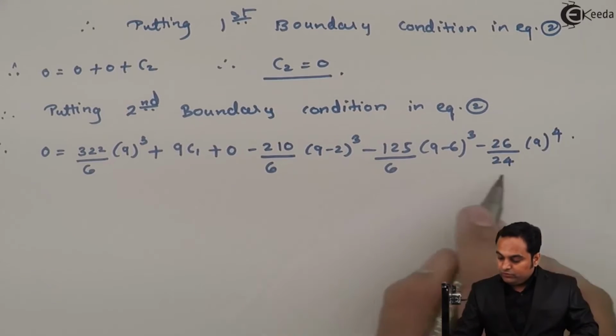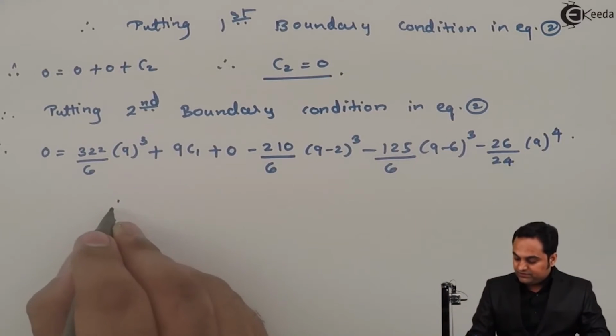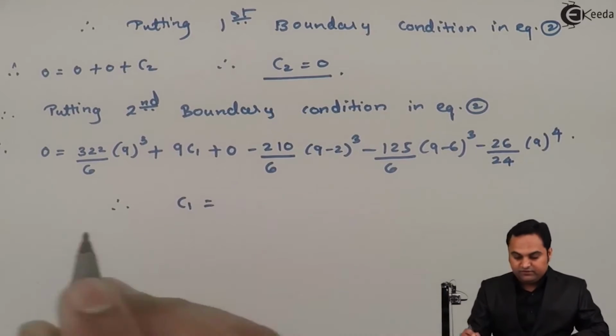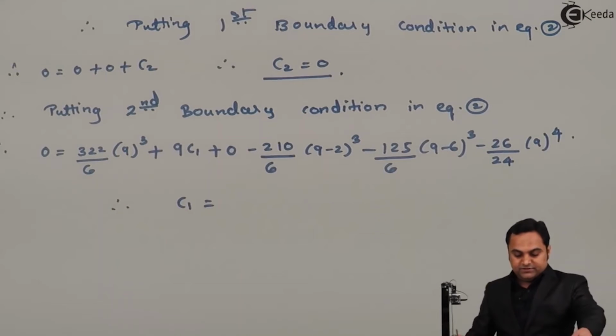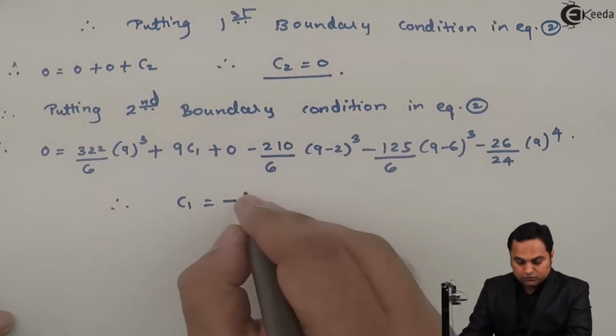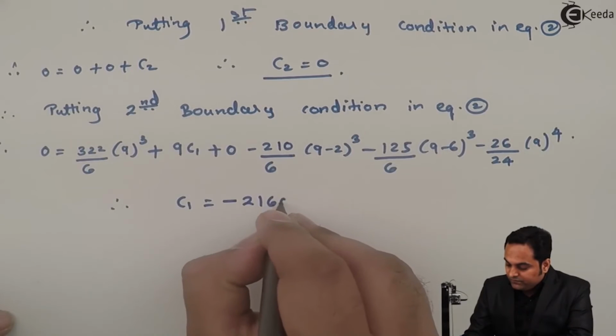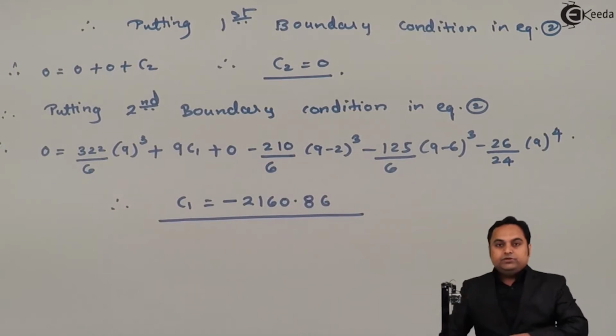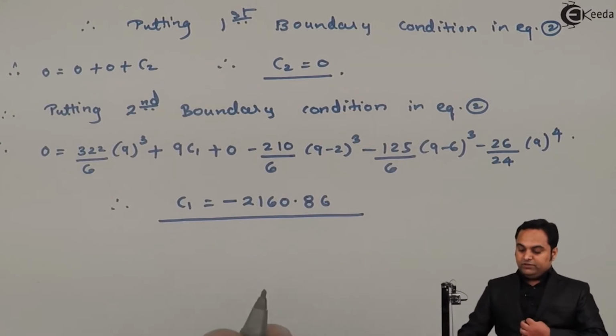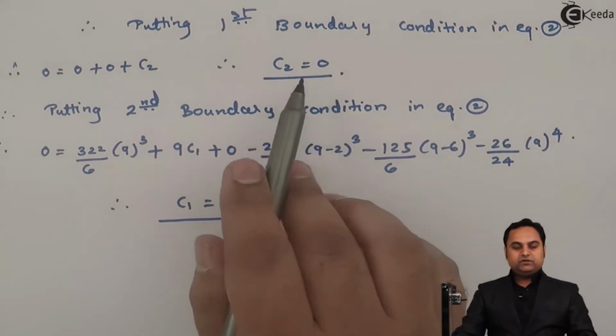So here if I go on calculating this, simplifying this term, I'll get the answer of c1 as it comes out to be minus 2160.86. So here I have found out the value of c1. Previously c2 was calculated.